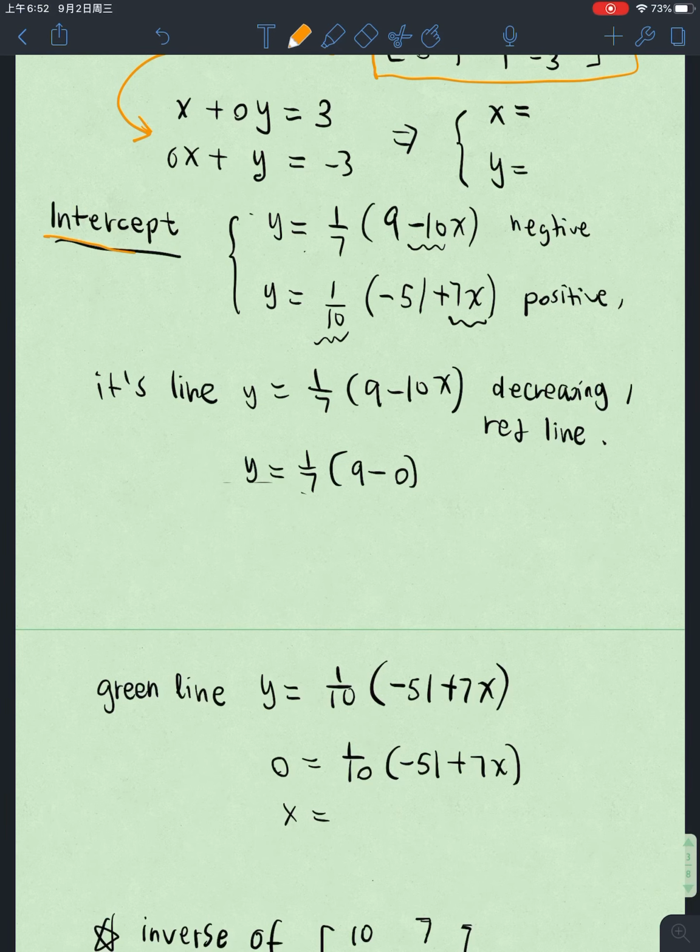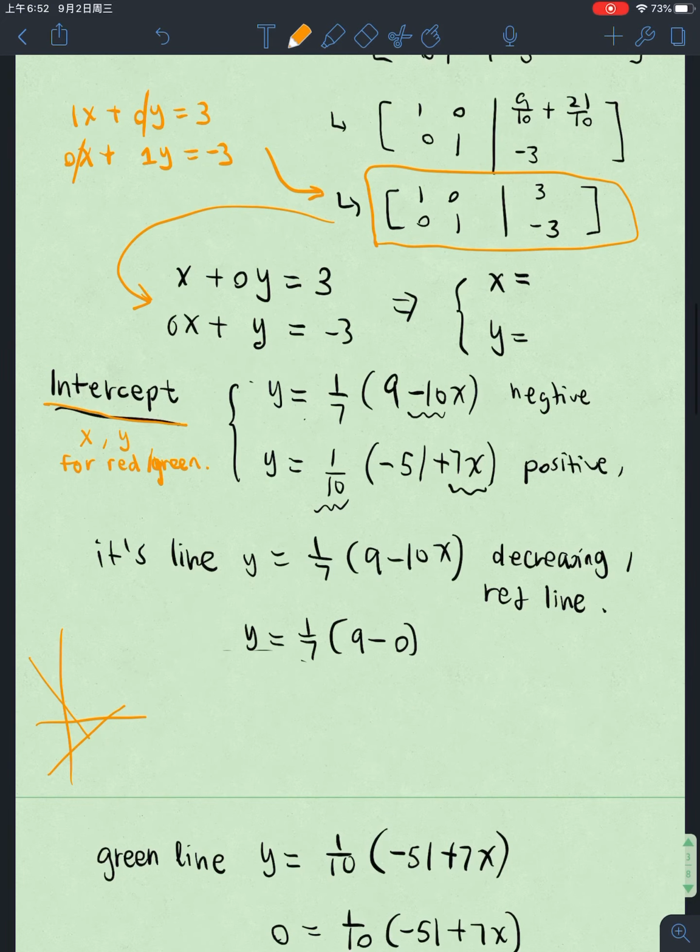And after that they ask you what the x-intercept and y-intercept are for the red and green line, I remember. And you can see that the red line is decreasing, right? And the green line is increasing. So you can rewrite the function like this.